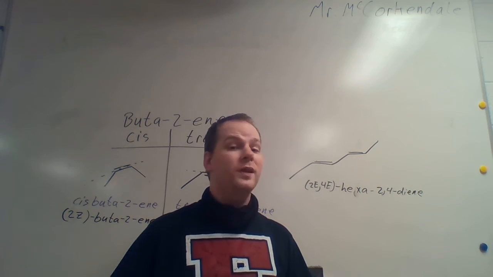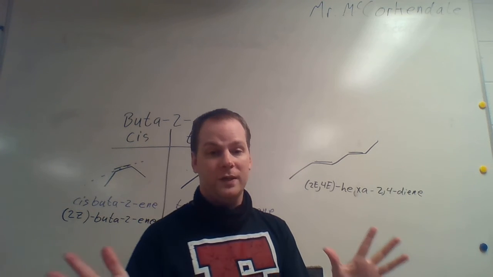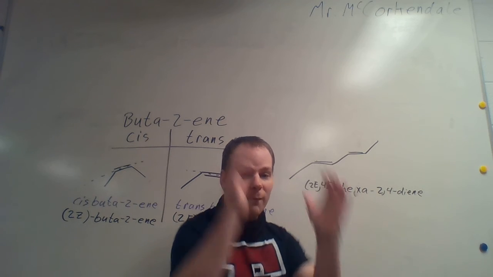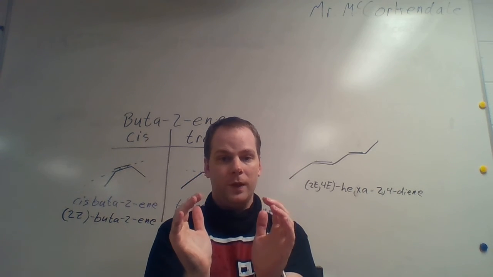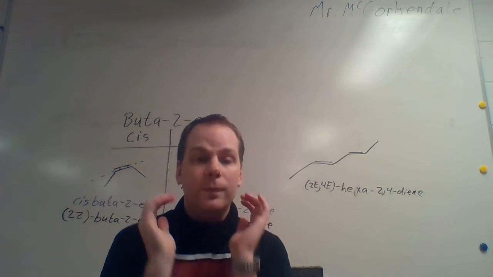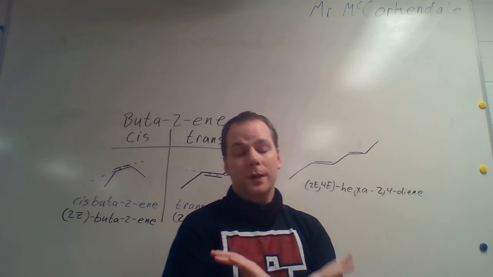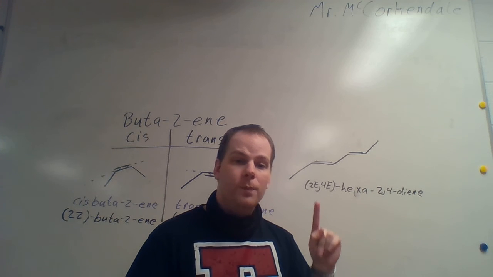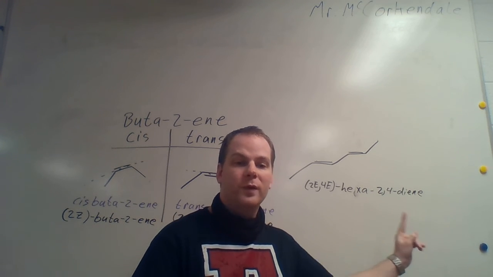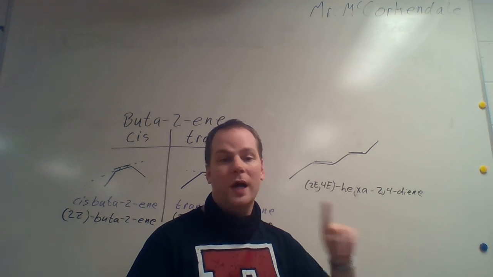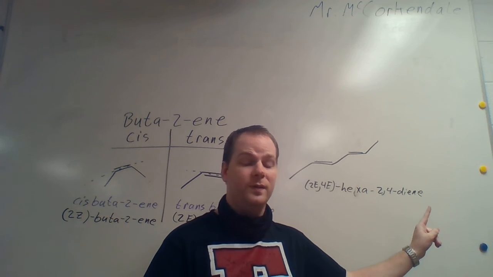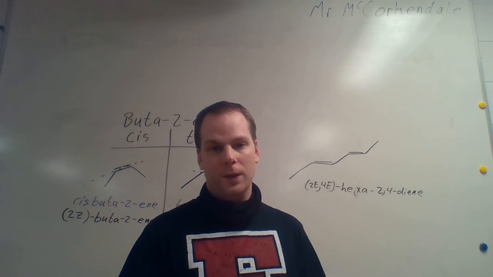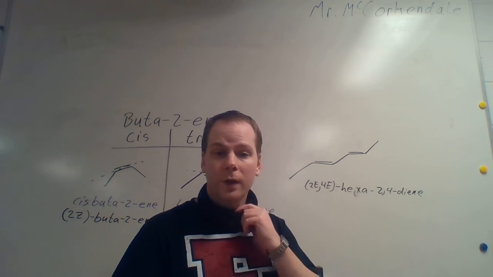No matter how long the name is, even if it's complex branching, this piece in parentheses goes first. It has to be the first thing in the name. Now, all I'm asking for you to do is identify this, but in order to get your numbers, you're going to have to name your parent chain. So I just want you to write it like this for today, and then in the future, we'll start complicating this a little more like we did with everything else.